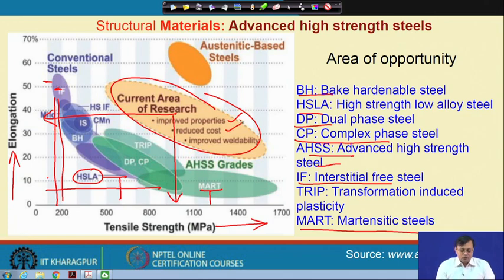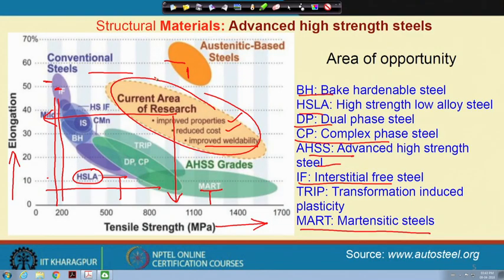Definitely reduction of cost and joining of the steels in terms of weldability is also important, whereas one can look at the austenitic based steels or very highly alloyed steels. They have relatively higher ductility or elongation, as well as relatively higher strength than the conventional steels.